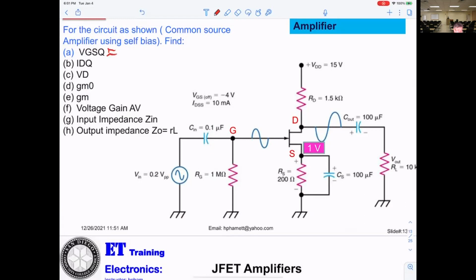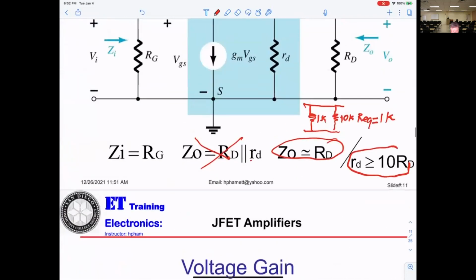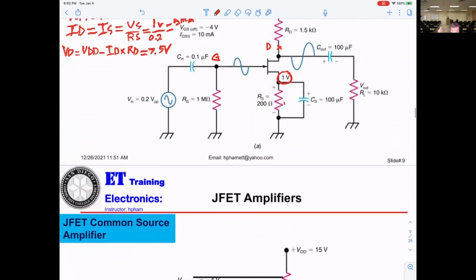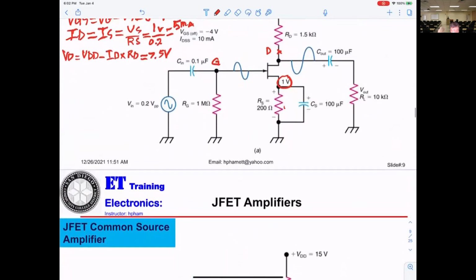We already know that VGS is minus 1 volt. IDQ, we already calculated. IDQ equals what? IDQ is 5 milliamps.